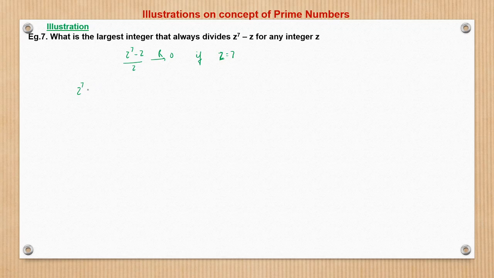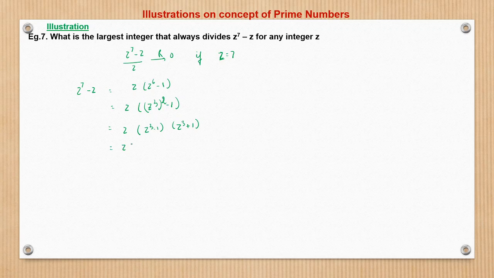Now another thing we can write: z raised to power 7 minus z, we can write as z common, z raised to power 6 minus 1. This is z into z square cube minus 1. This further we can write as z into z square minus 1 into z square cube, so z cube minus 1 into z cube plus 1.